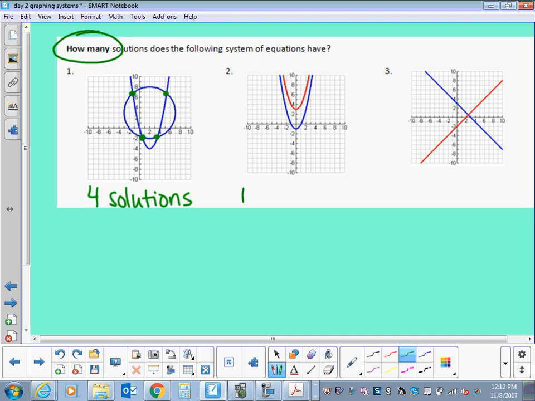None. What about my third? It has 1. So we went from 4 solutions to no solutions to 1 solution, looking for those intersections.